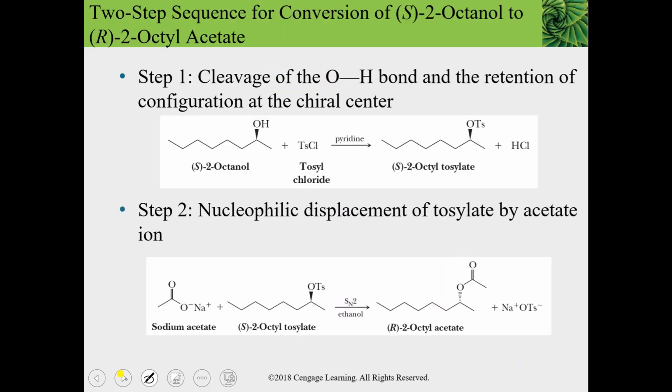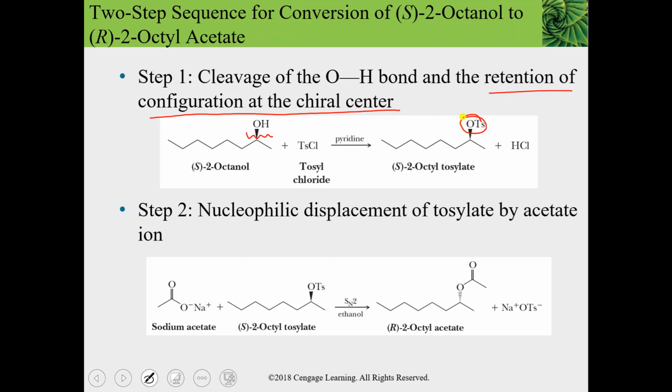So what's going on here? How do we form this alcohol to an acetate? The very first thing we have to do is break the bond or cleave the hydroxide bond, with retention of the configuration of the chiral center. This becomes important. What do we mean by that? That means we're going to break this bond and at the same time add this.